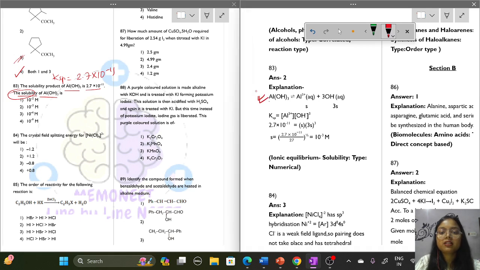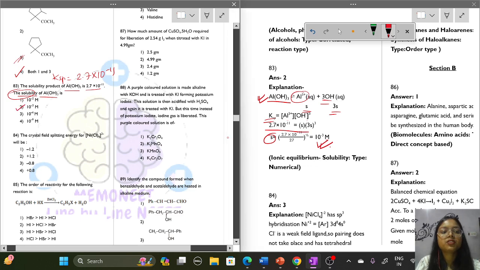For this we have to write the equation Al(OH)3 reversible Al3+ aqueous plus 3 OH minus aqueous. For Al3+ there is S and for 3 OH minus there is 3S. So on calculating the Ksp, S comes out to be 10 to the power minus 3. Option number 2 is the correct option.